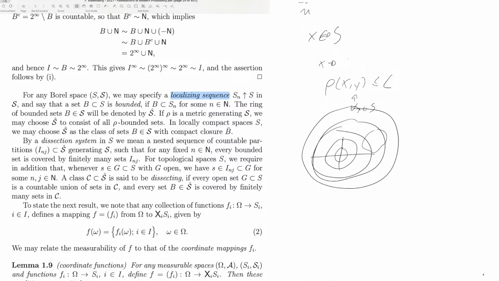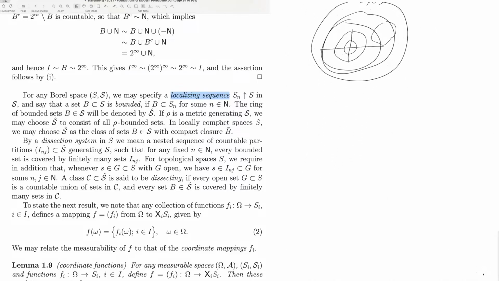In locally compact spaces, locally compact, what does that mean? I think any point is contained in a compact set. It's kind of interesting how every point, they are all equivalent if X is a Hausdorff space.